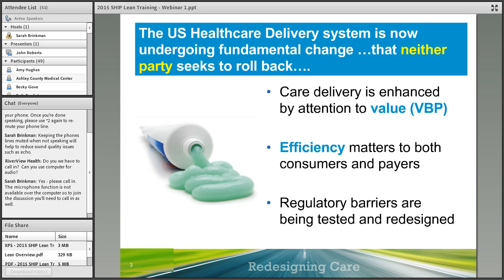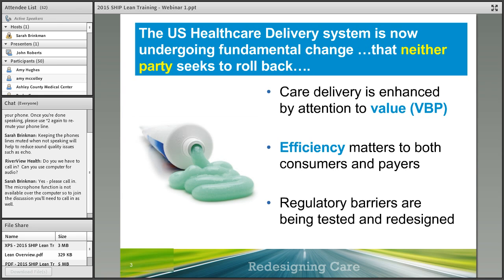And regardless of what you think about Obamacare or the things that have happened in the last couple of years, the bottom line is that neither party, neither Republicans or Democrats, want to roll back what's happening in the healthcare system.